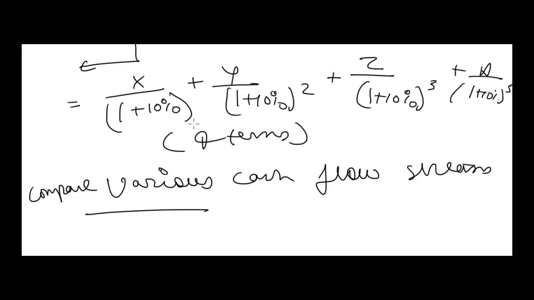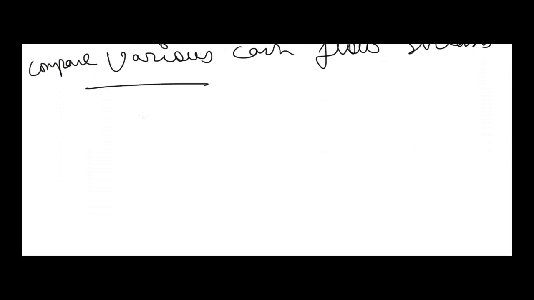The way in which this term is built up, it's nothing but you do the same FD, or you deposit the same money in the bank, and you have just added them back so that you get the value of each one term, and you add them to find out the total value of these cash flows. So you can use this to find out values of different types of cash flows.